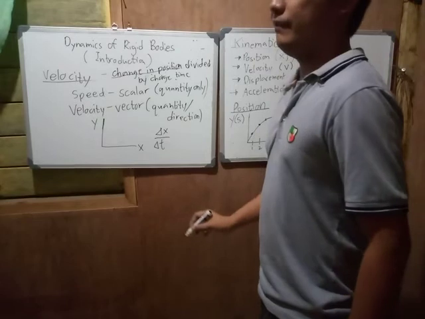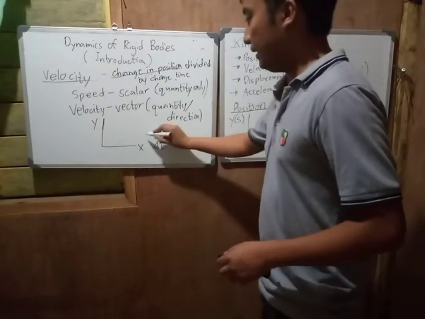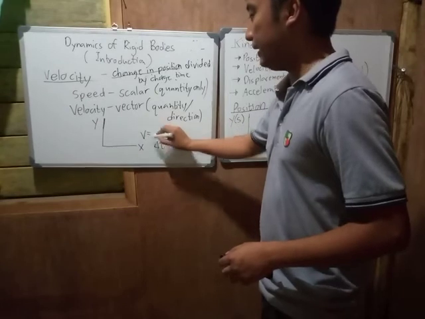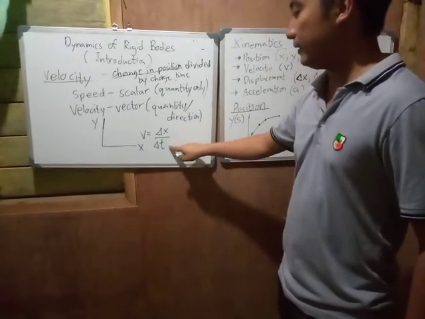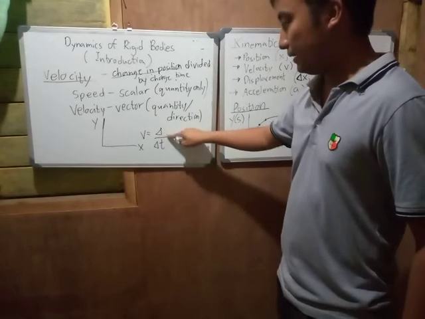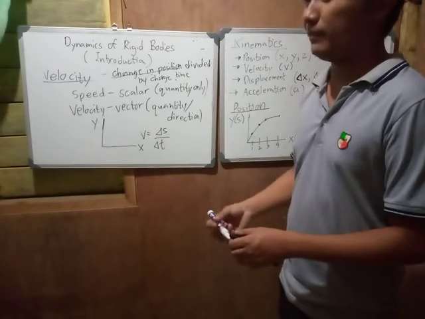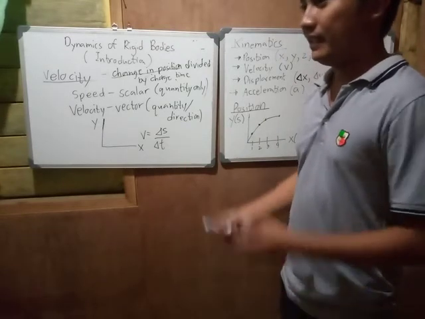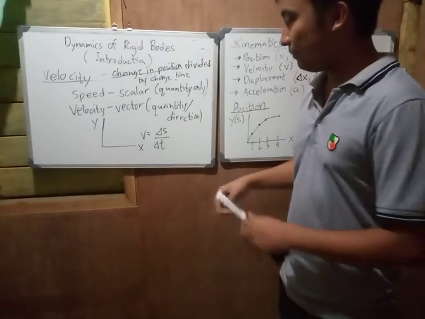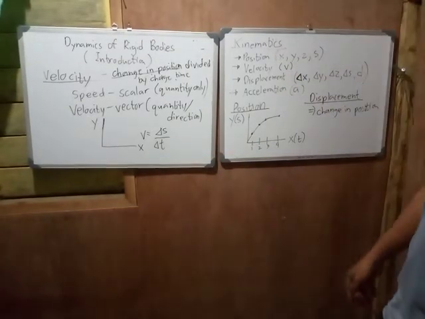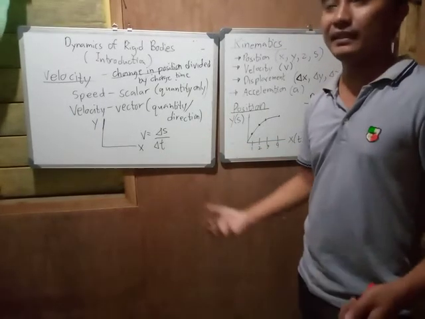If you visit your physics, your velocity is just the change of your position over the change in time. Depende na yan kung ano yung gagamitin mong quantity. Pwede mong gamitin X, Y, Z. Pwede mo yung i-denote as S para sa velocity, depende sa direction mo.